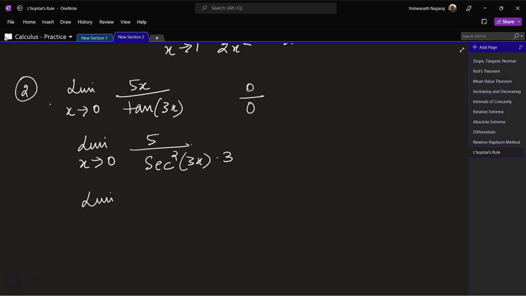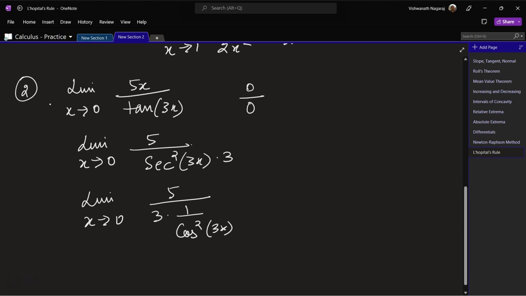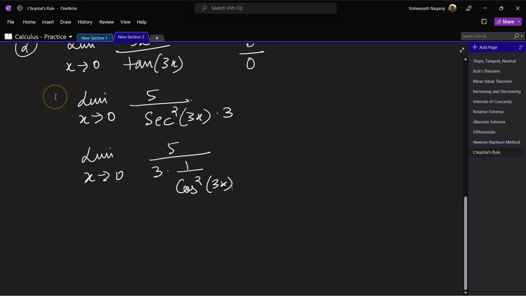Which gives us, as x approaches 0, 5 by 3 times 1 by, sec is 1 by cos, so cos square 3x.